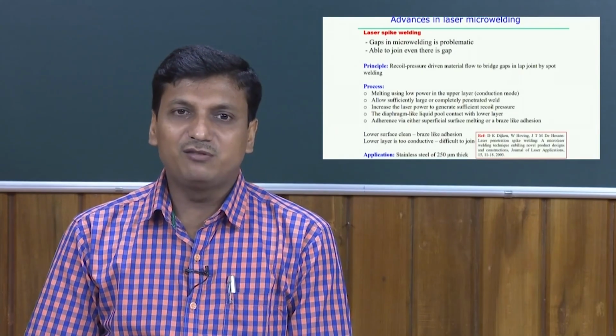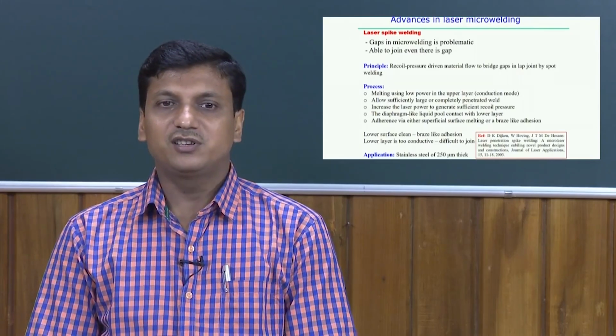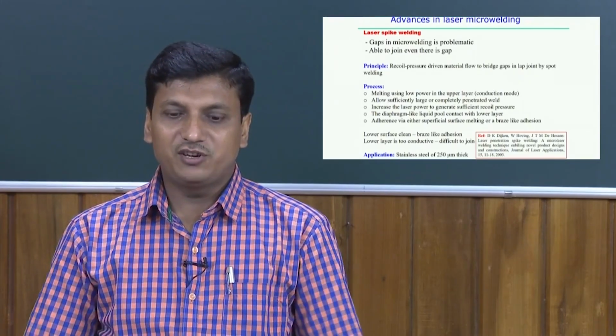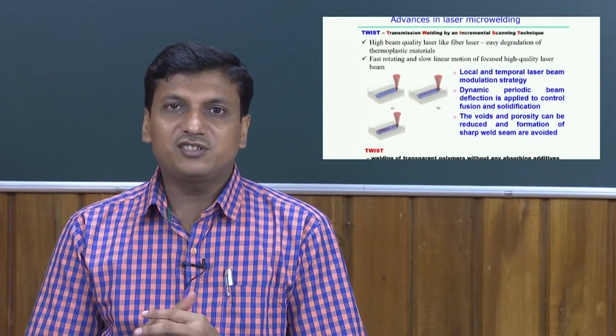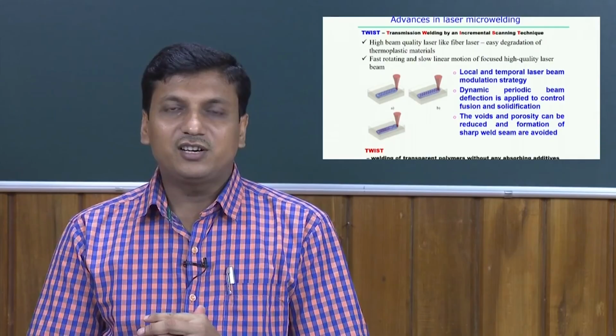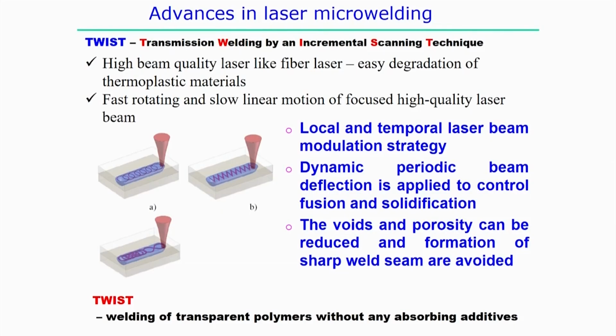Applications have been found for this welding process with 200 micrometer thick stainless steel. Another advance in laser microwelding technology is called TWIST technology, that is transmission welding by an incremental scanning technique.